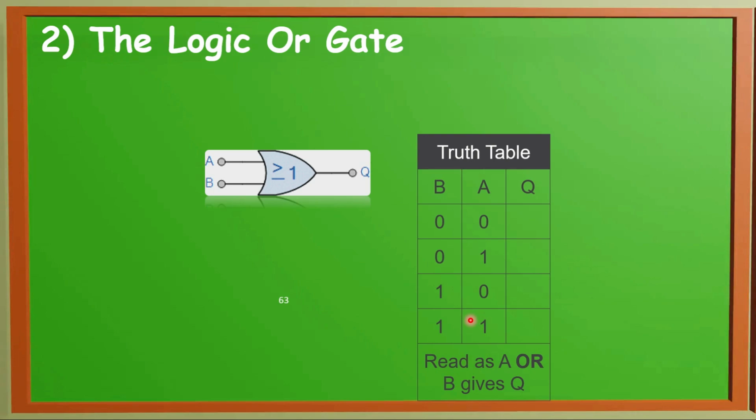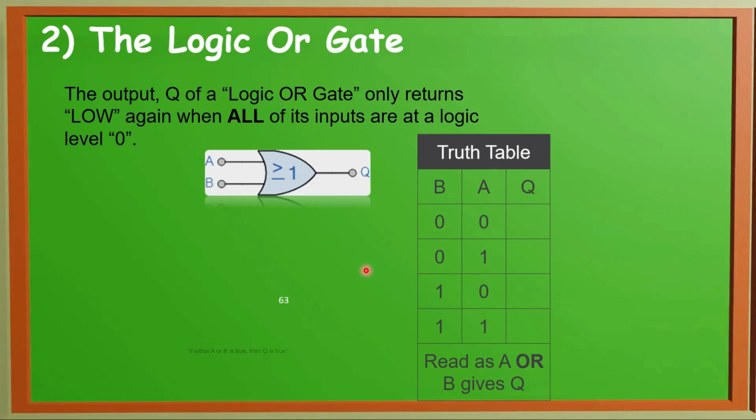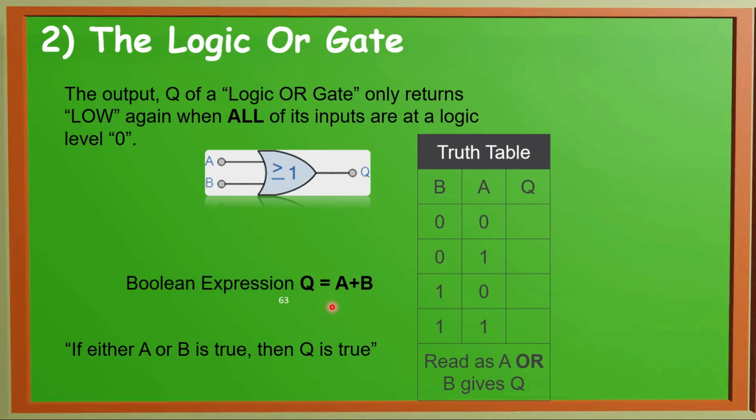Then similarly we can have the logic OR gate. In the OR gate, as the name suggests, if A or B any one is high, then we will get output as high. So if my input is 0 0, this is a kind of addition. 0 plus 0 will be 0. 0 plus 1 will be 1. 1 plus 0, again it will be 1. 1 1, obviously it will be 1 again.